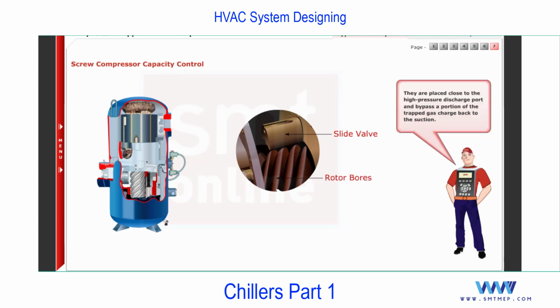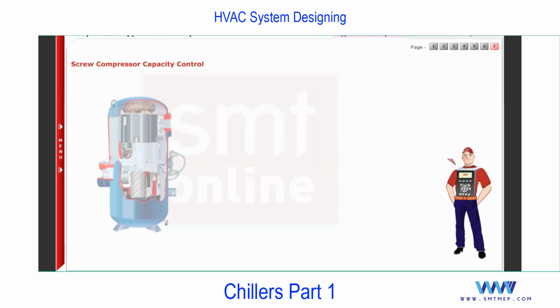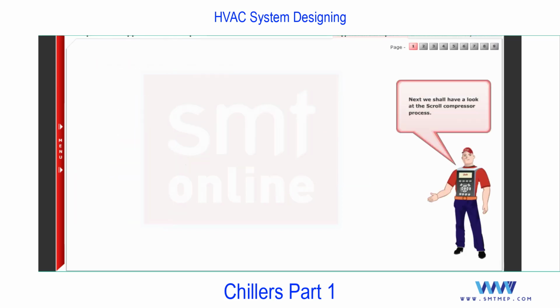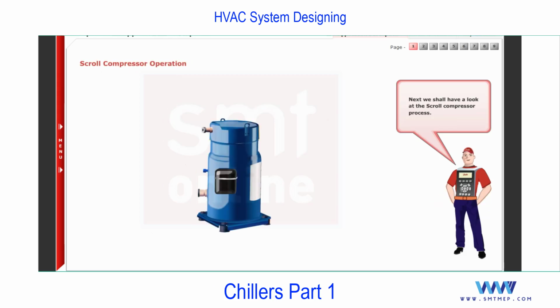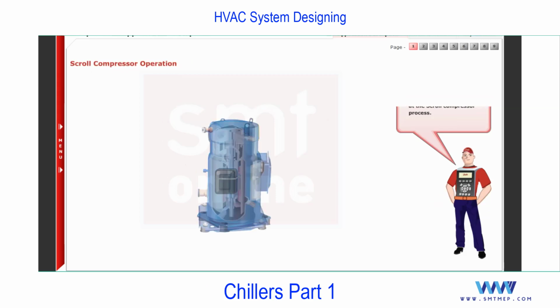They are placed close to the high-pressure discharge port and bypass a portion of the trapped gas charge back to the suction. This method of capacity control provides good part load performance without reducing the full load capacity. Next, we shall have a look at the scroll compressor process.